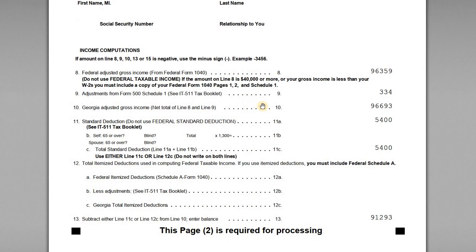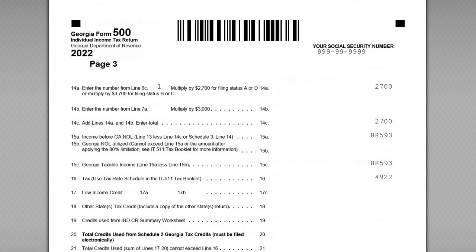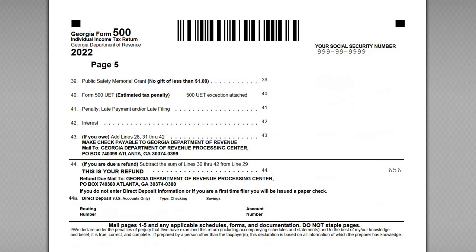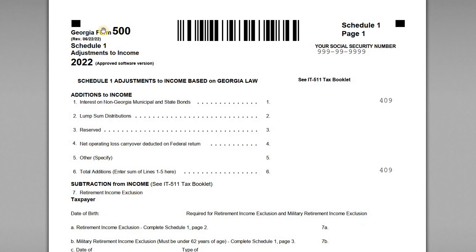Now we're getting into the adjustments. Form 500, Schedule 1 is where you would enter any kind of federal to state adjustments that are required to conform with Georgia state law. So if we jump down to the adjustments section, Georgia Form 500, Schedule 1 is the adjustments to income.